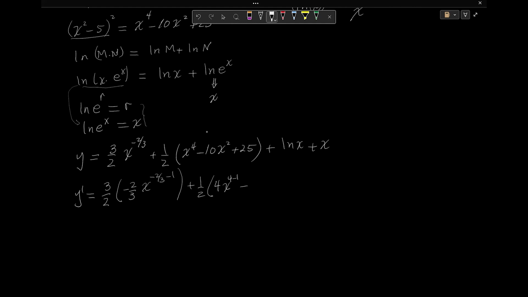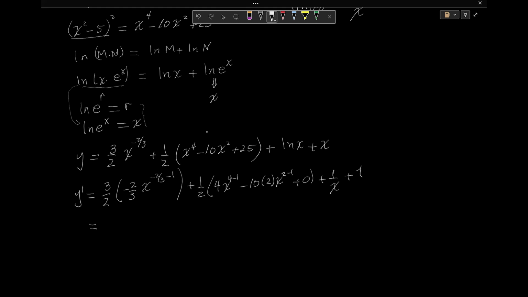Minus the 10, it's times some function of x, so it comes along for the ride. Now I'm taking the derivative of x squared. I drop the power, x to 1 less power. Plus 25 is a constant by itself. Its derivative is 0. Plus, now I'm at the ln. The derivative of the ln of x is 1 over x. Plus, the derivative of x is 1.